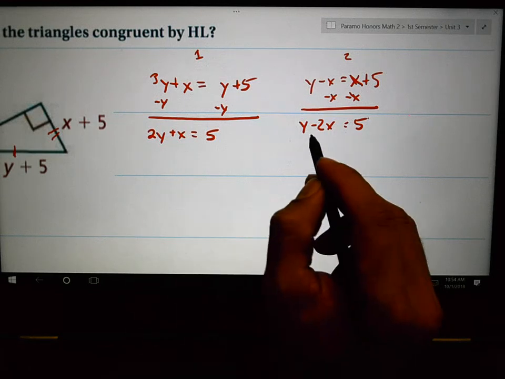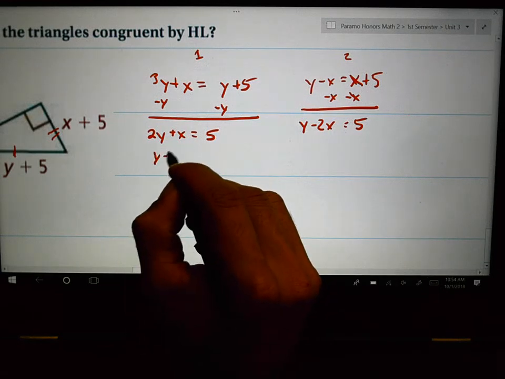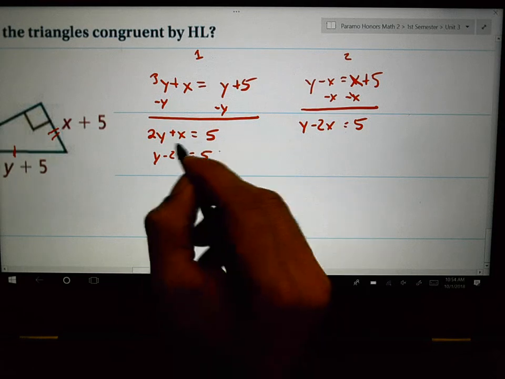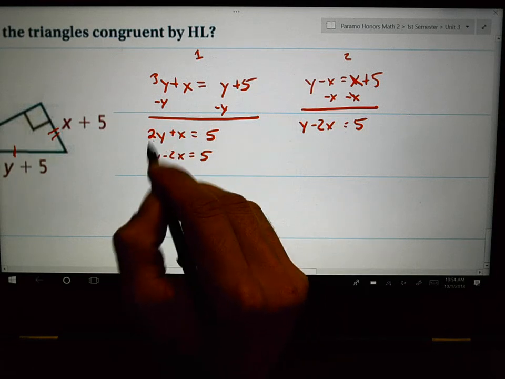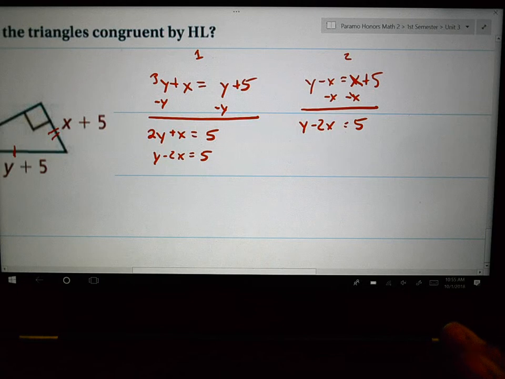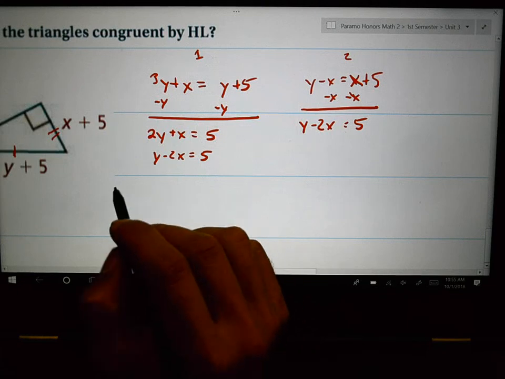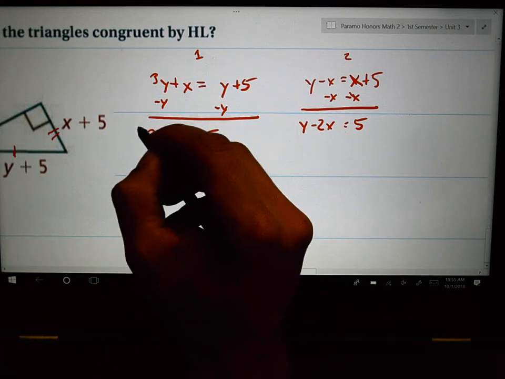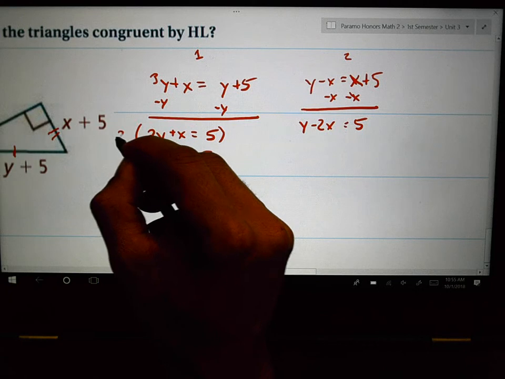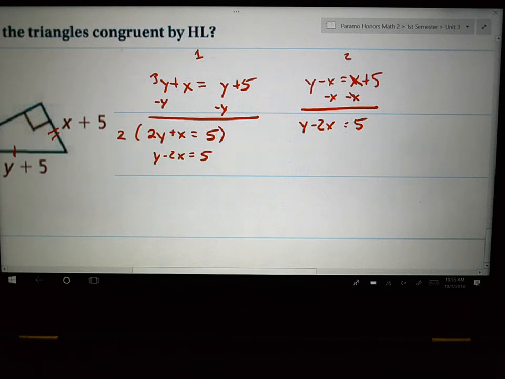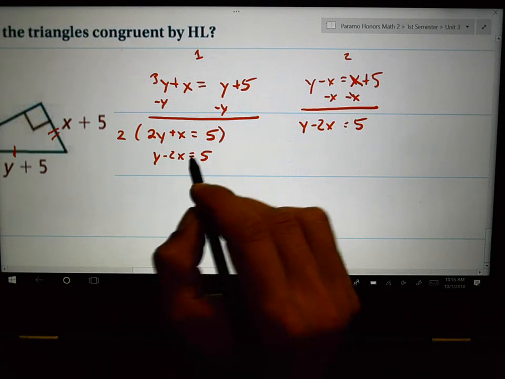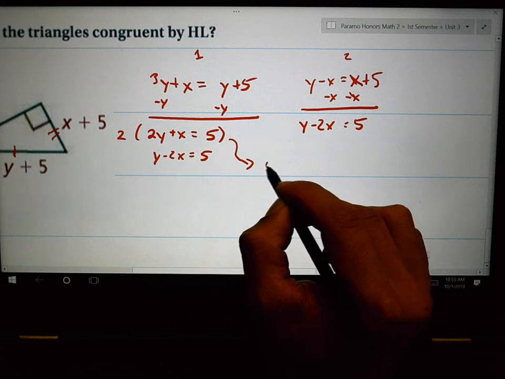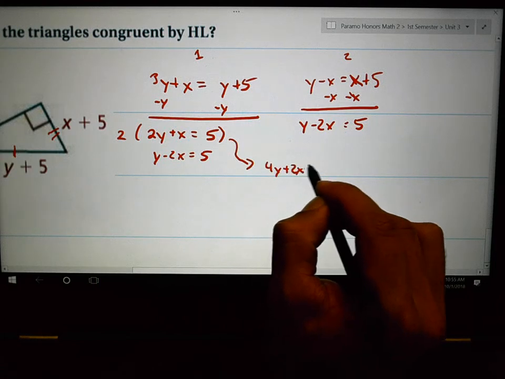I'm going to take this and line it up over here. But it wouldn't eliminate yet because if I add those together, one of those wouldn't go away. So what I would need to do first is probably multiply this top equation by the number 2, so that I get 4y plus 2x equals 10.